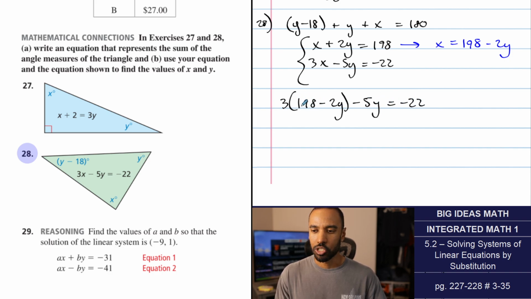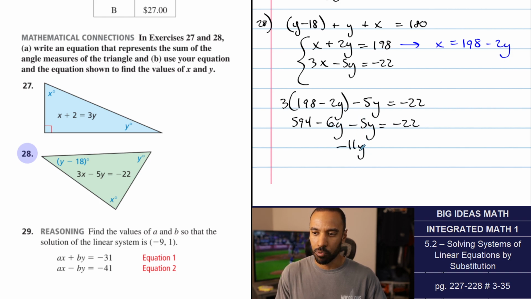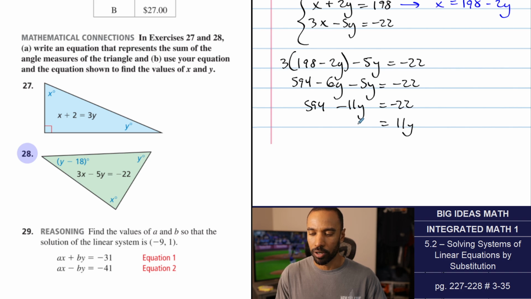I have to distribute this 3. 3 times 200 is 600, minus 6 is 594. 594 minus 6y, in case you were wondering how I do that math in my head. Negative 6y minus 5y is negative 11y. Let's add the 11y over. Add the 22 over. That's 616. Divide both sides by 11.